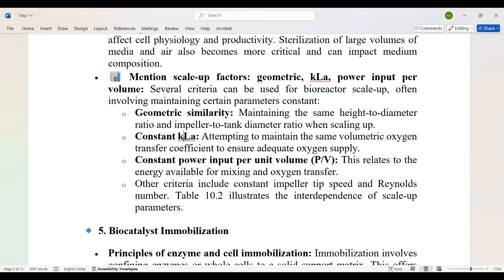Now, when I speak about oxygen transfer rate, when through the sparger I supply gas, or for aerobic processes, if I supply oxygen, then I mean that oxygen from the gas phase will be dissolved in the liquid phase, crossing from gas to liquid.